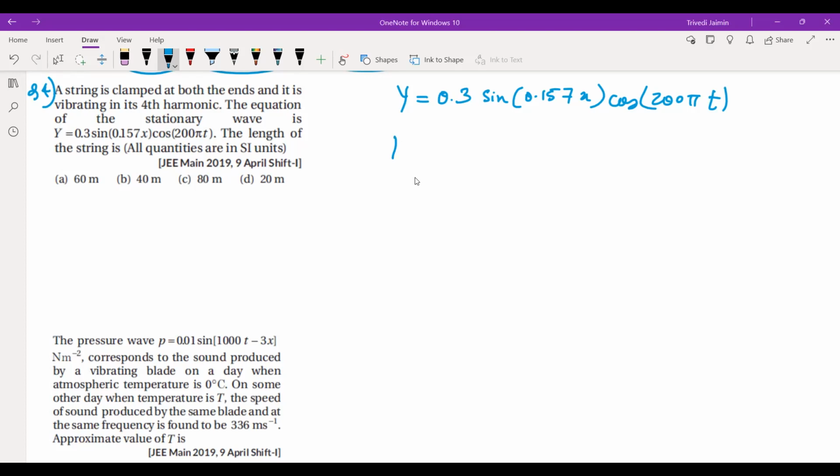So we know k equals to 2 pi by lambda. This is given as 0.157 here. We're comparing with this equation, y equals to sine kx. K is 0.157.